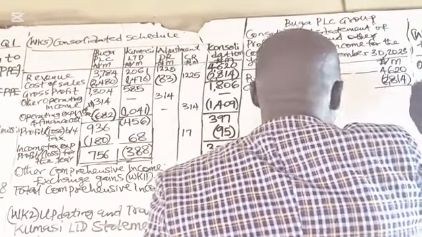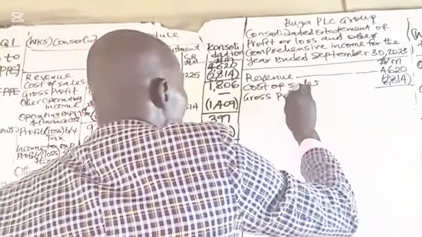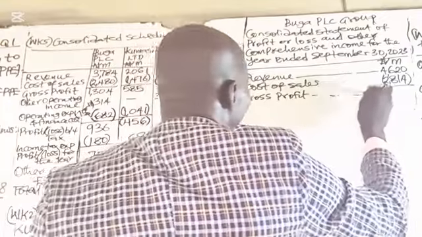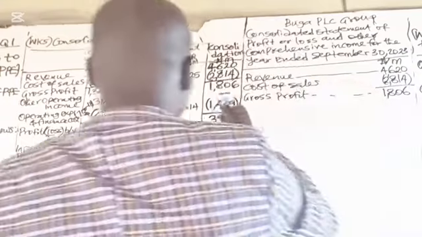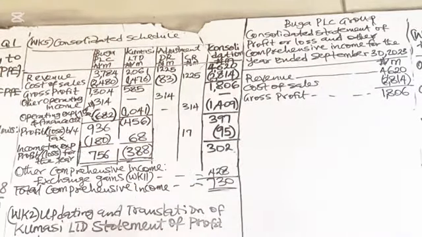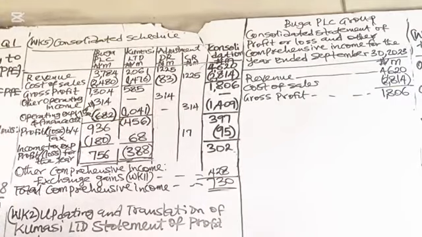If you deduct that, you arrive at the gross profit of 1806. There is no other operating income, so that is nil.